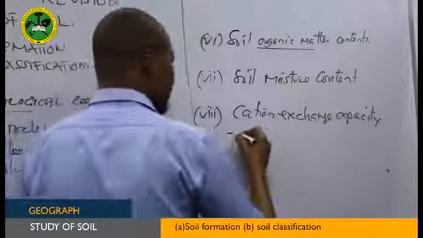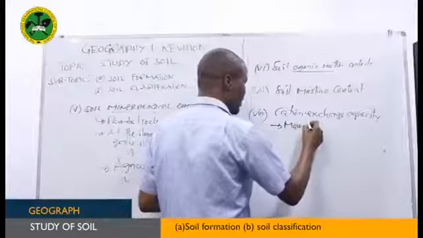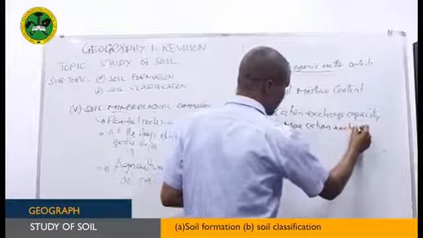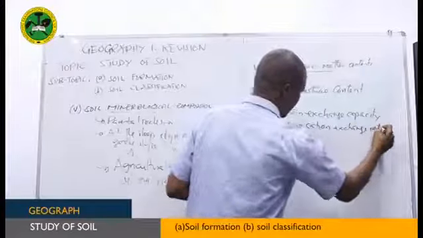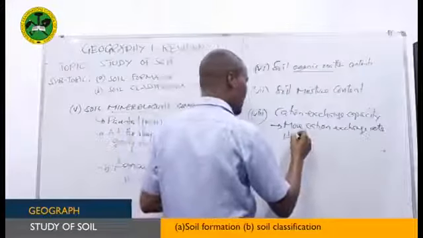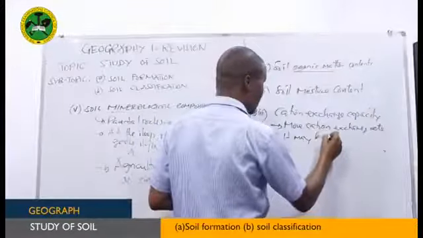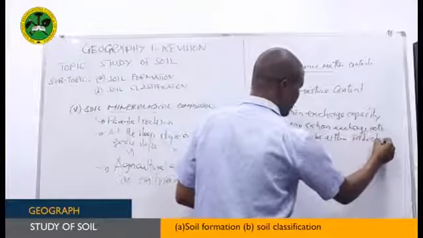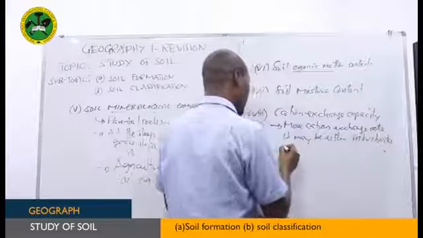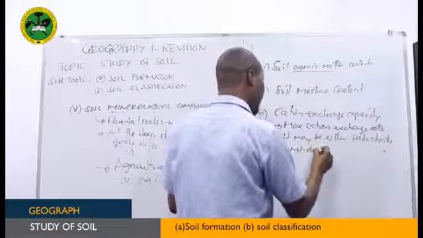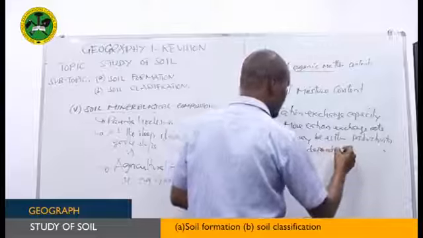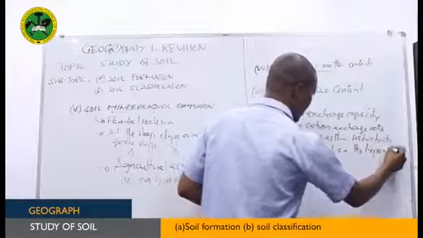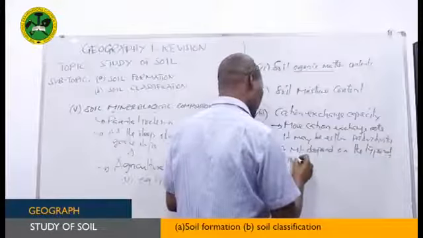If the soil has a higher cation exchange rate, it may be either productive or not. Productive or not depends on what? On the type of crops. Why do I say this?